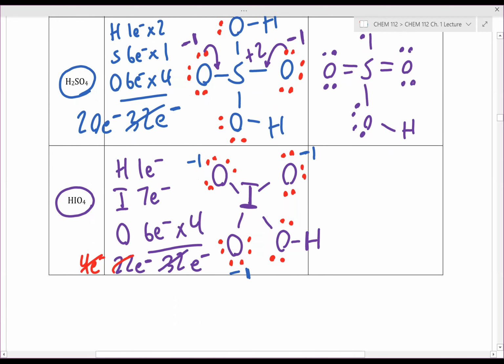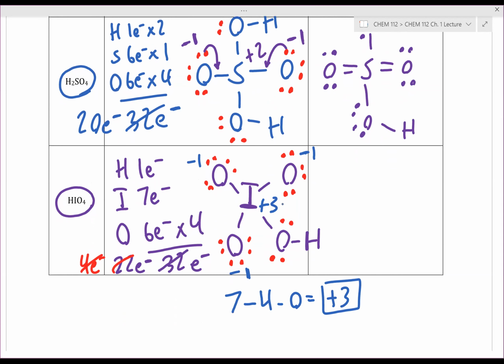What is iodine's group number? 7, okay. And how many bonds are attached to the iodine? 4. Okay. Does iodine have any lone pairs? No. So then that gives us a formal charge of +3. That is a large formal charge. So we have a positive formal charge and a negative formal charge adjacent to each other.